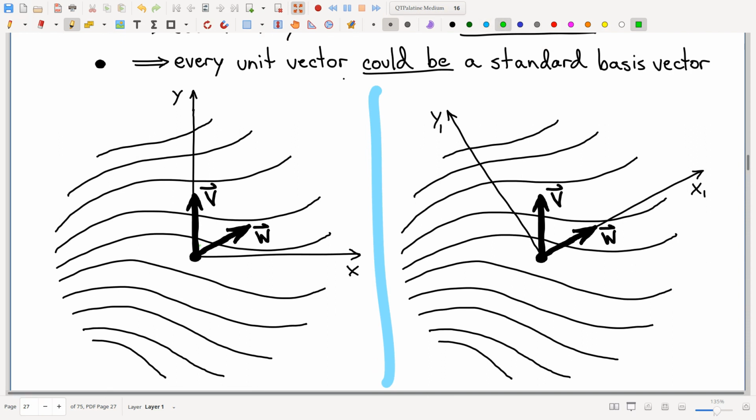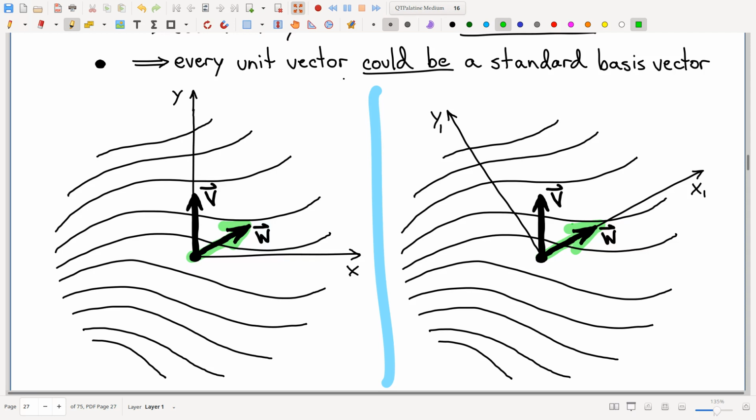For example, take this w here. With my axes set up as I have them drawn on the left, this is not pointing in the direction of either of those axes, so for this axis system, that is not a standard basis vector. But if I were to say, hey, I want to set up my axes like this, now all of a sudden, that's a standard basis vector. Right?